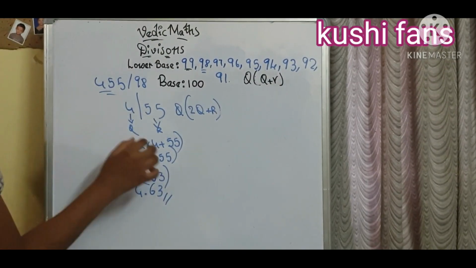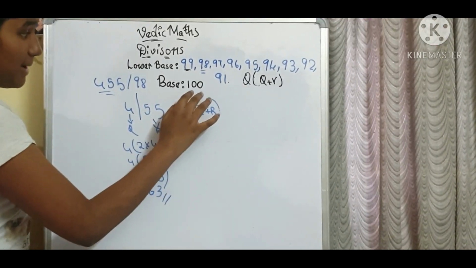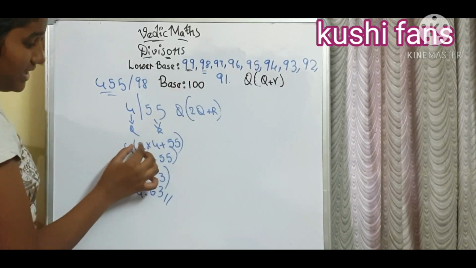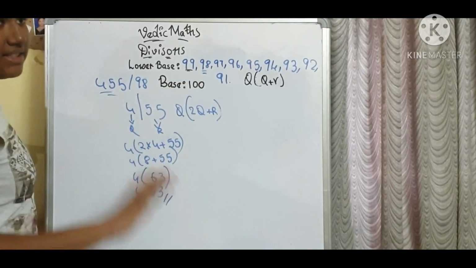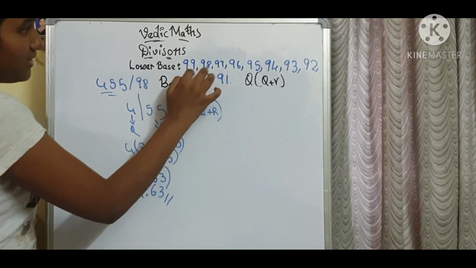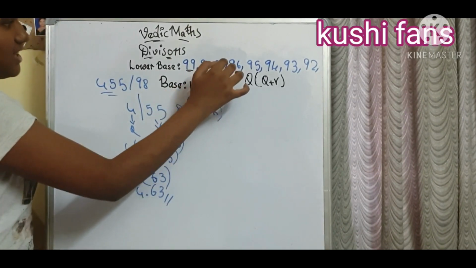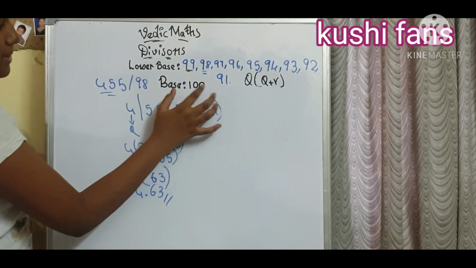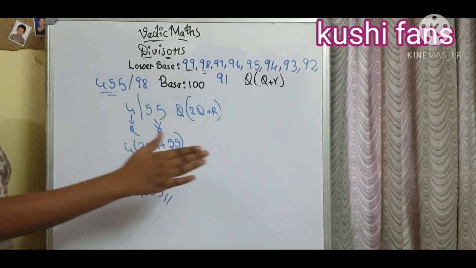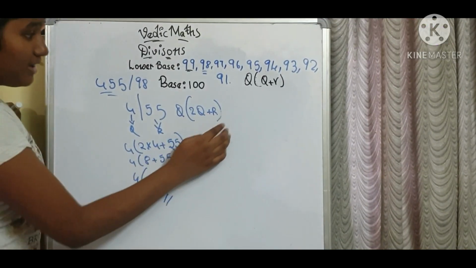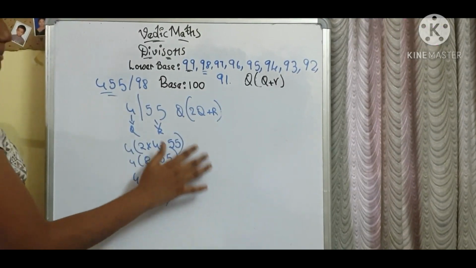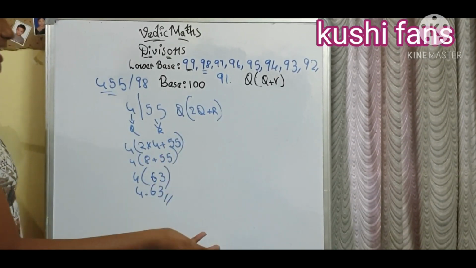If we don't subtract from 100, we won't get the correct answer. You must subtract 99, 98, 97 like that from 100. If we subtract, we get the numeral. If we don't subtract, we can't get the correct answer and the right formula.